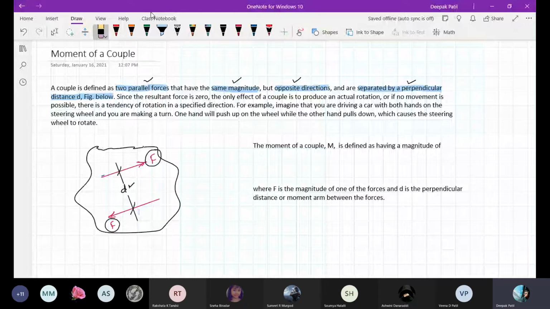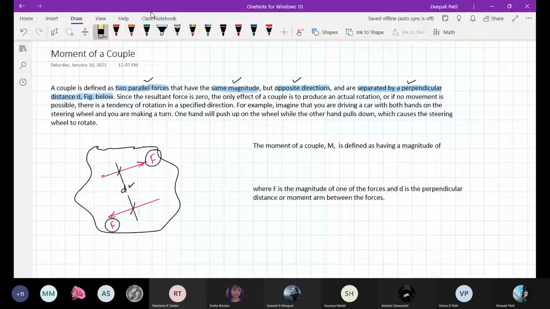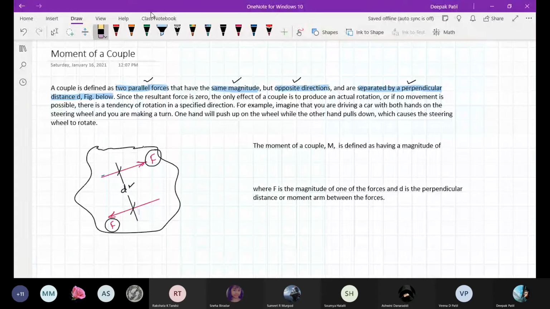Now, have you understood the definition of moment of a couple and what is the effect of moment of a couple on a body? Is it clear, students? Am I audible? Am I audible, students?